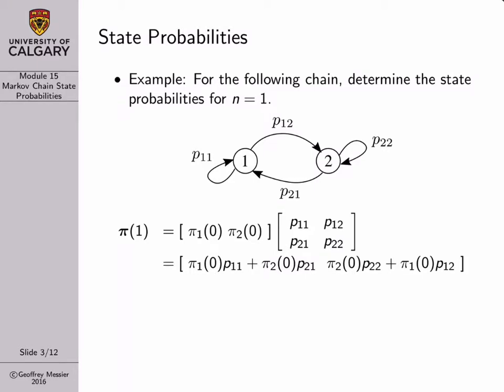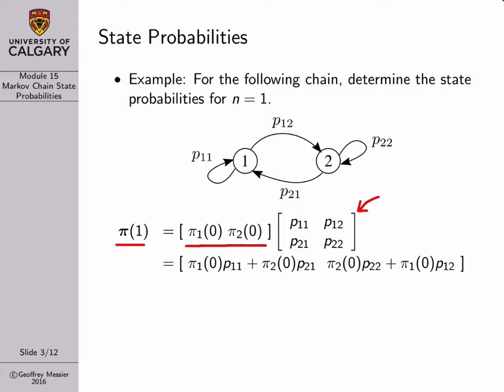So the best way to illustrate this is using a simple example. Here we have a binary Markov chain where we've got all possible transitions labeled. And we want to determine the state probability vector at time step 1, given that we know the probability matrix P and the state probability vector for time step 0.